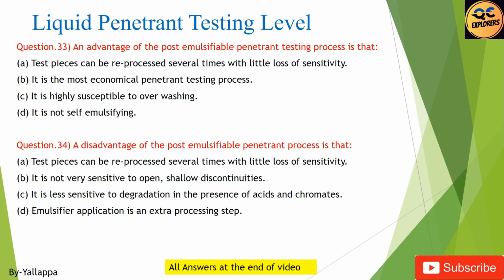A disadvantage of the post-emulsifiable penetrant process is that test pieces can be reprocessed several times with little loss of sensitivity. It is not very sensitive to open, shallow discontinuities. It is less sensitive to degradation in the presence of acids and chromates. Emulsifier application is an extra processing step.